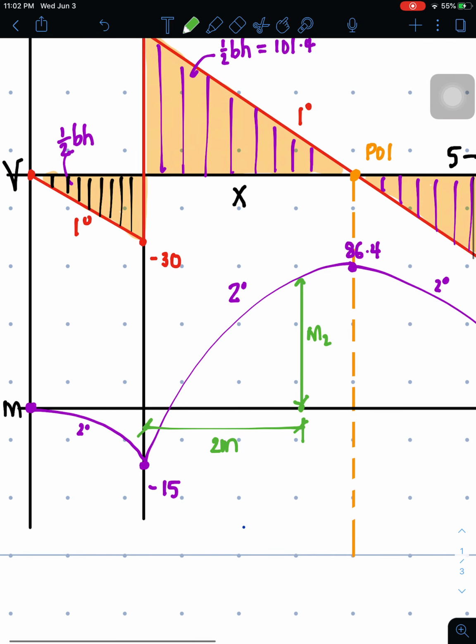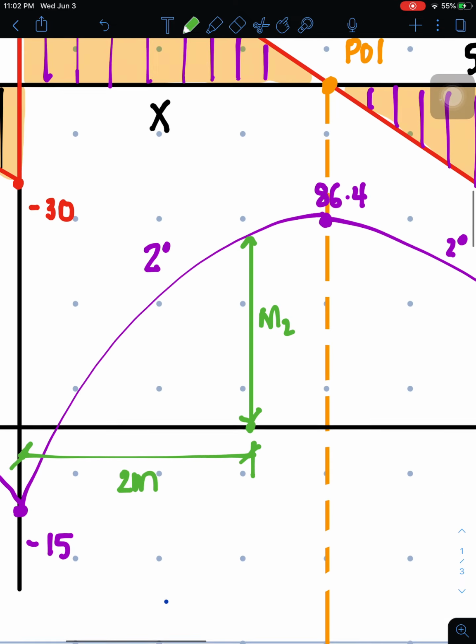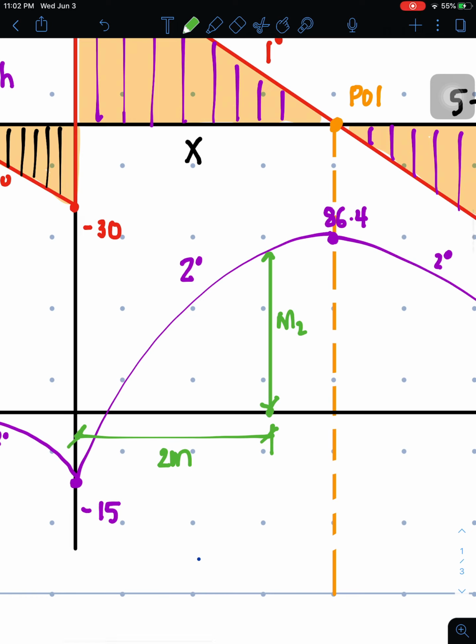It's impractical to measure 2 meters to the left side because this is 1 meter only. And this broken line here represents 2.6 meters from this point, which we measured earlier. That's actually the x value.